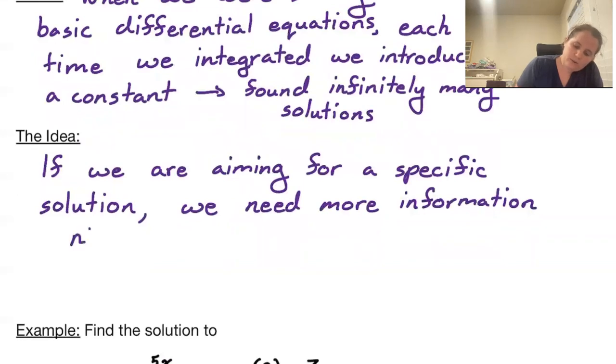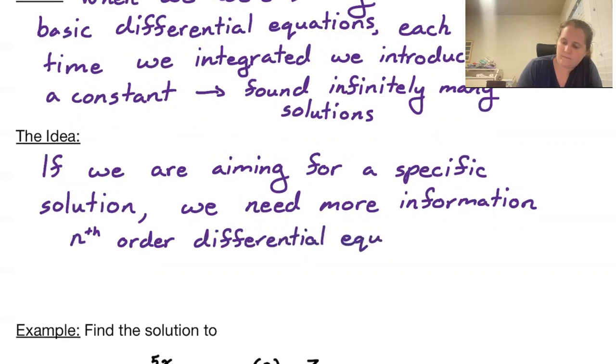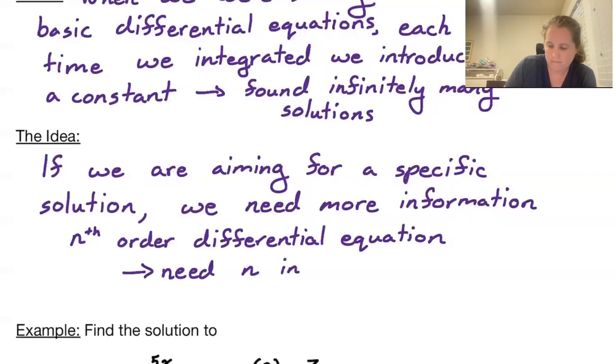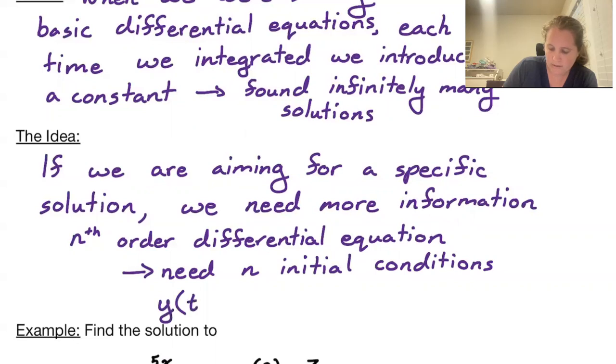So if it's an nth order differential equation, then what we'll need is n initial conditions. And those initial conditions will take the form, if we're doing an nth order, we will need y of whatever our initial t or x is.